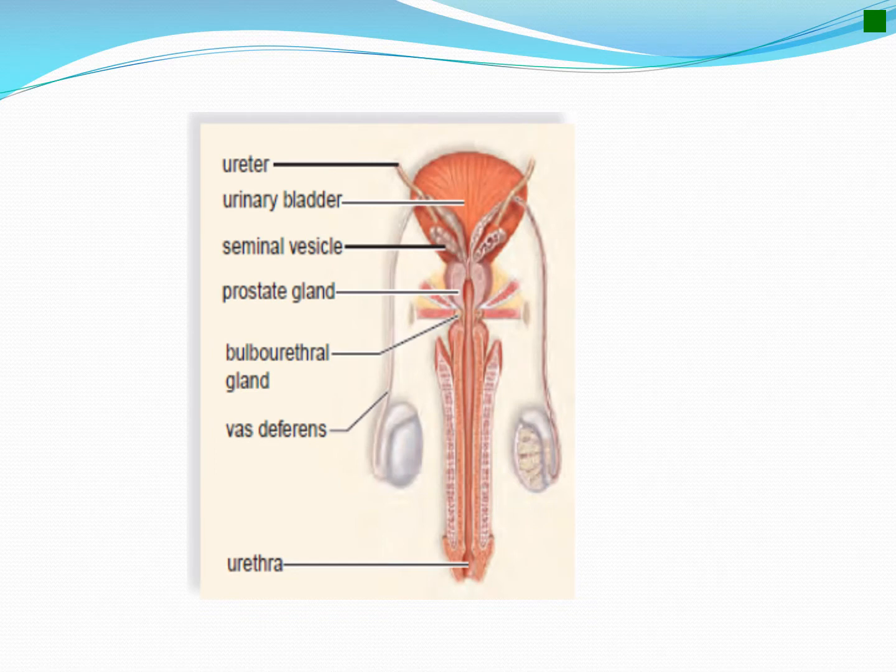The following diagram shows many of the important parts of the male reproductive system, such as two testicles, two seminal vesicles, two bulbourethral glands or Cowper's glands, two sperm ducts, one urethra, and one prostate.